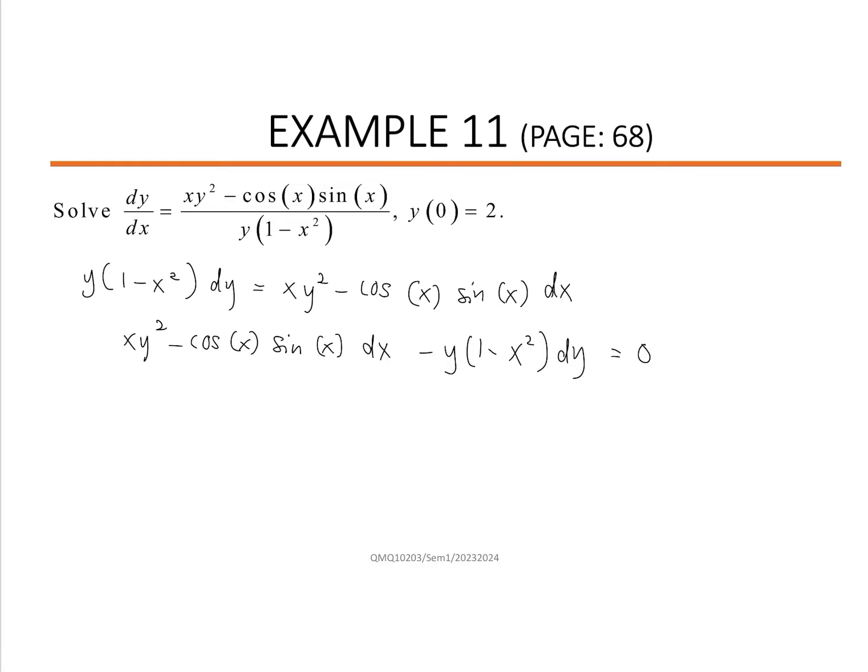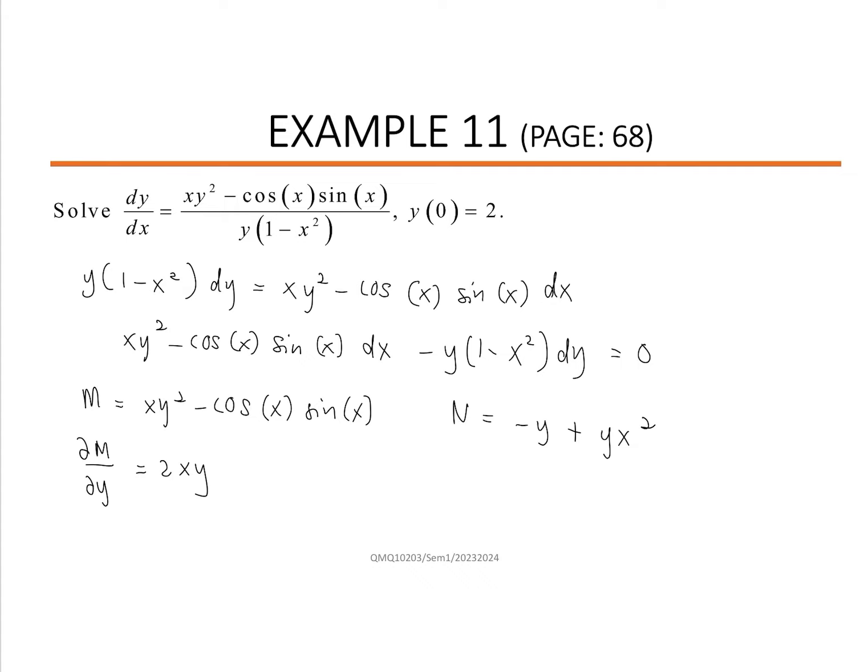Alright, so from here we have our function M. M is xy square minus cos x sin x, and function N we express as negative y plus y x square. Then M differentiated with respect to y, so del M over del y, we have 2xy.